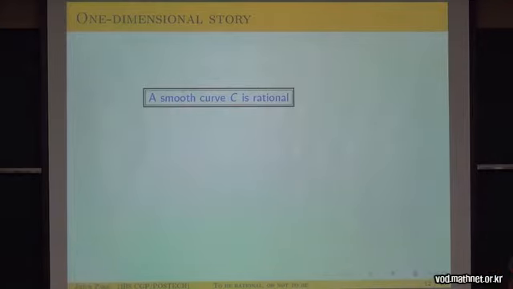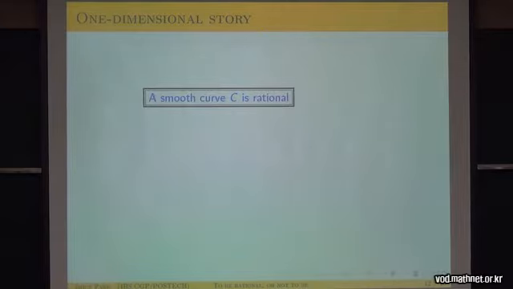Here we consider smooth curves. Smooth means you don't have bad points, like a cusp or a node or something like this. Everything is smooth, right? Suppose you have a curve like this.